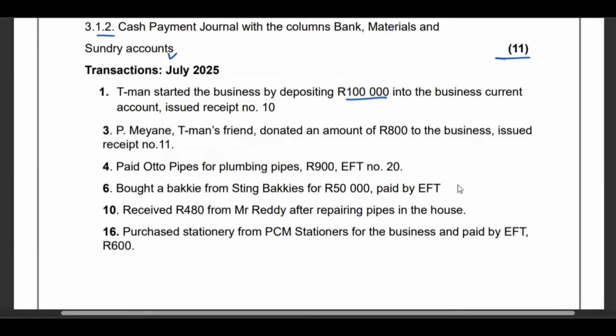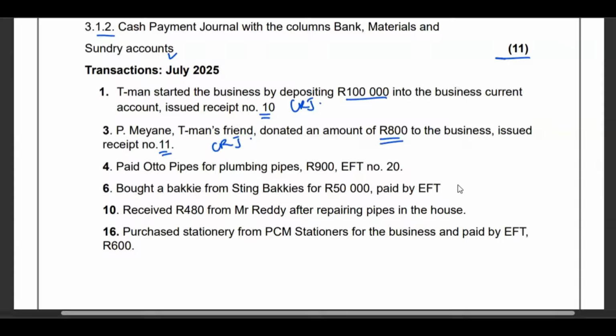And this is issued receipt number 10. So this is going to be under the CRJ, the cash receipt. And then P. Menyani, which is T-Man's friend, donated an amount of 800 to the business issued receipt number 11. So this is also a CRJ.